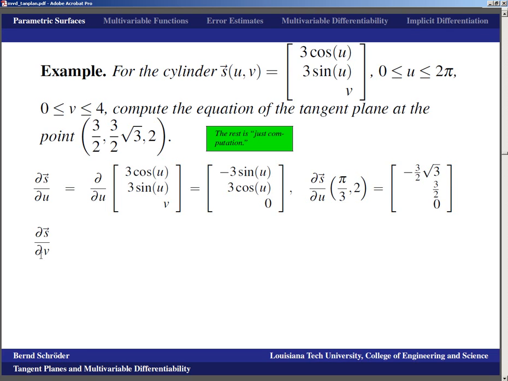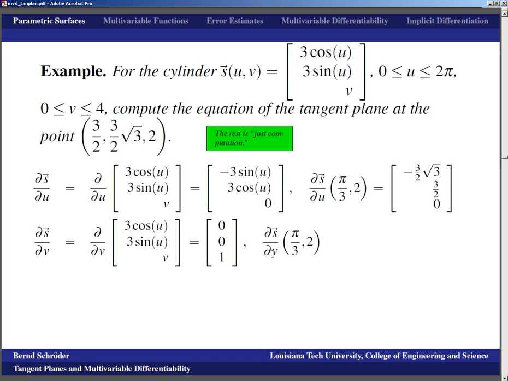We take the partial with respect to v, well, so that's partial with respect to v of 3 cosine u, 3 sine u, and v, which would give us 0, 0, and 1, because only the third component depends on v, and the third component depends on v in a very simple fashion. That gives us the partial with respect to v at pi over 3 and 2 for the parameter values is just 0, 0, 1.